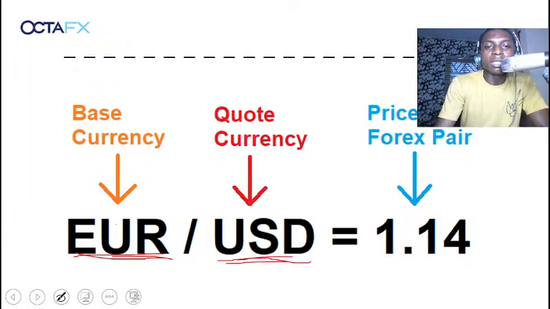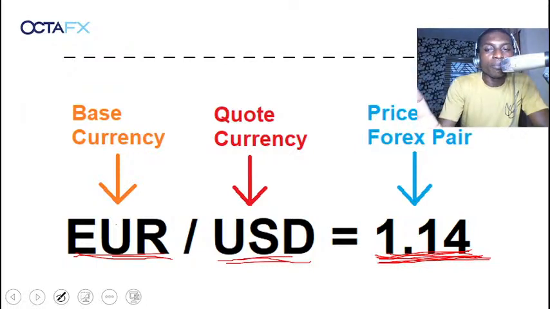Right? Now, this is the price of the forex pair, the quote price.